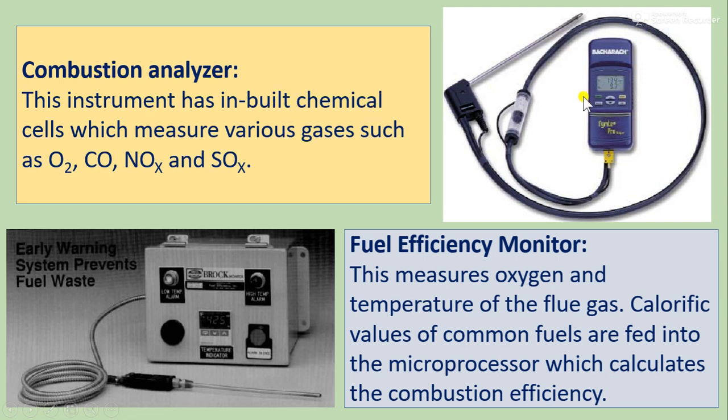This is an instrument which is used to measure the concentration of oxygen, carbon monoxide, NOx, SOx. It is called a combustion analyzer. This is the fuel efficiency monitor. It measures oxygen and temperature of the flue gas, and calorific values of different fuels are fed into the microprocessor, which calculates combustion efficiency.